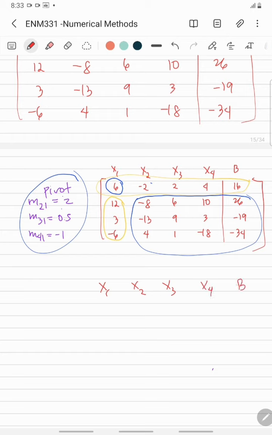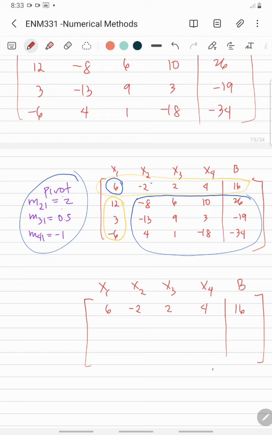Then we have to copy the elements of the first row that contains the pivot element of 6. Okay, we have 6, negative 2, 2, 4, and 16. Then we are going to change the values of row 2, row 3, and row 4.